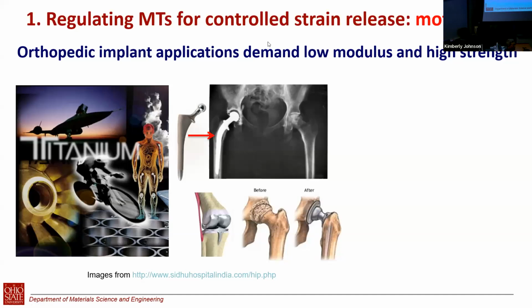The goal here is, if we can control this strain avalanche and turn this stress-strain curve into this one, we can really realize the 20 gigapascal modulus and 1 gigapascal strength. That's the idea behind this approach.